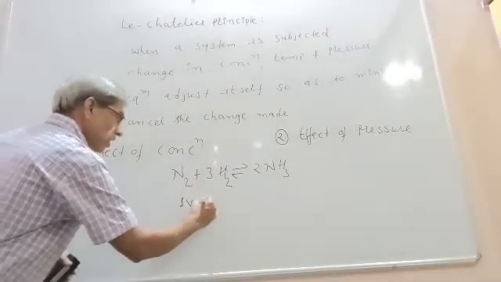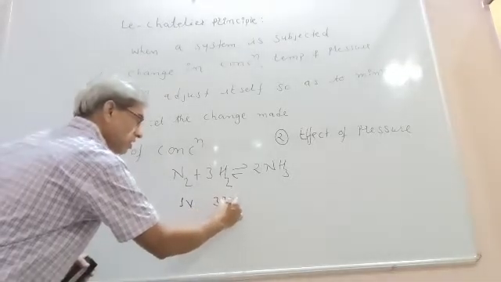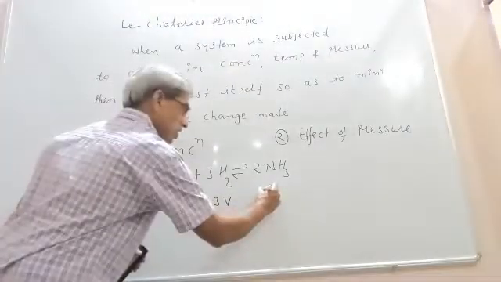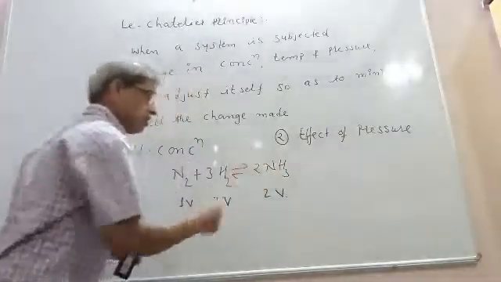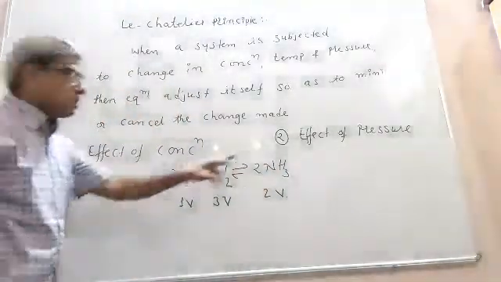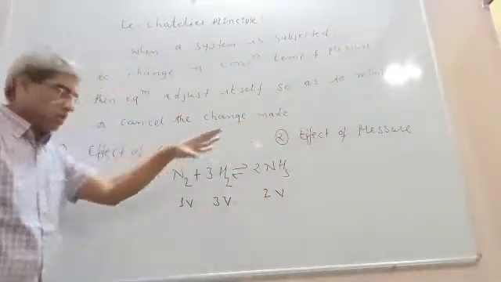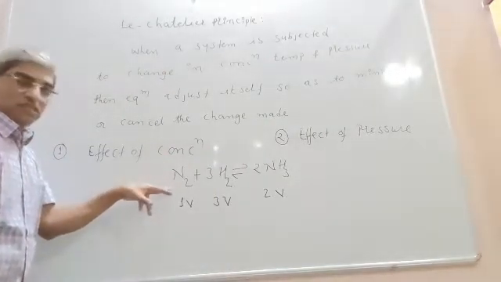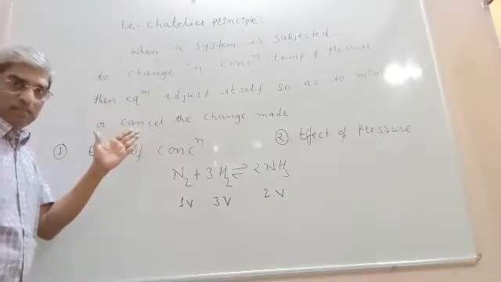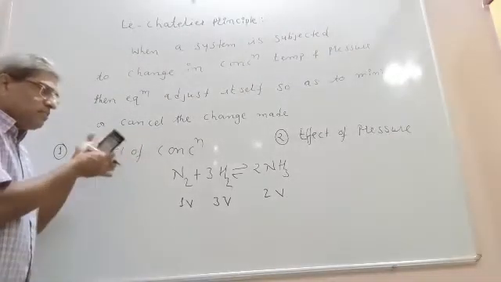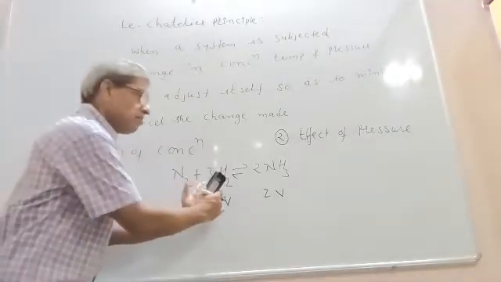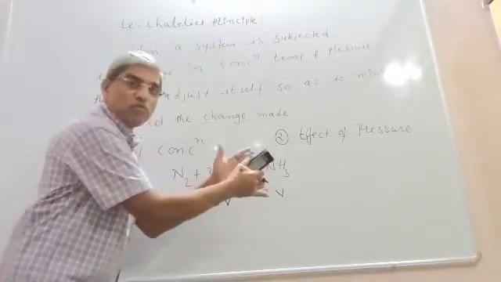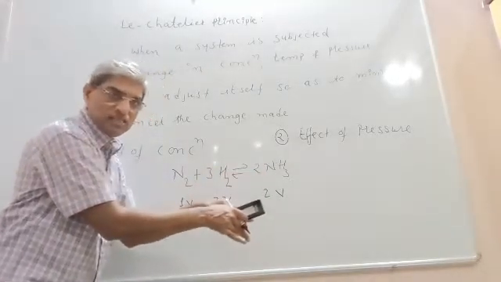1 volume of nitrogen combines with 3 volumes of hydrogen to give 2 volumes of ammonia. Now the effect of pressure: if the pressure of this system increases, then the increase in pressure will shift the equilibrium toward that direction where volume decreases.